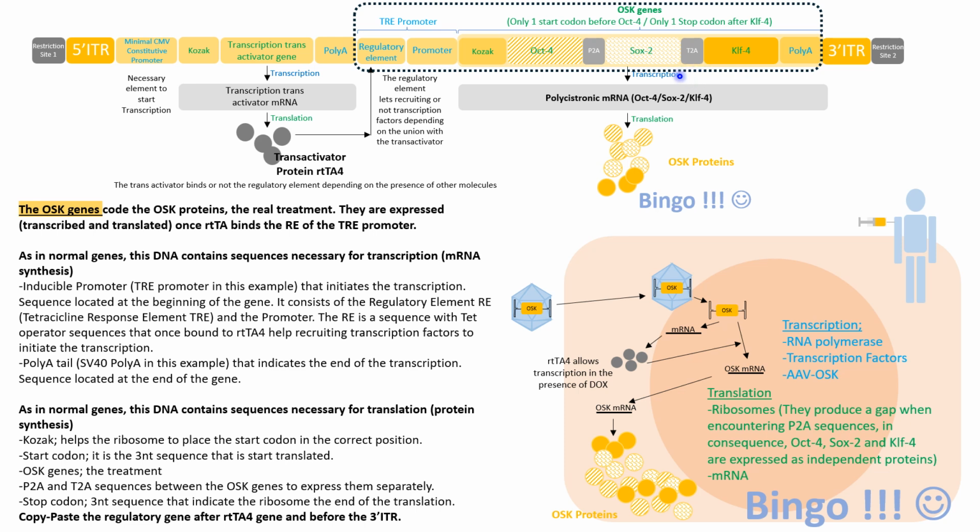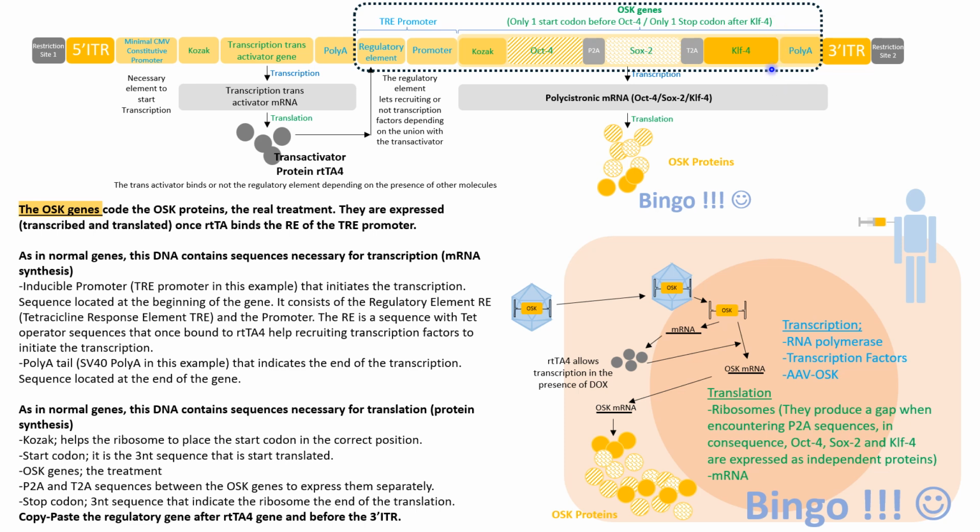Here the ribosome produces another gap and starts producing the protein called KLF4 independently. The ribosome translates this sequence, produces the protein, and stops at the stop codon at the end of the KLF4.